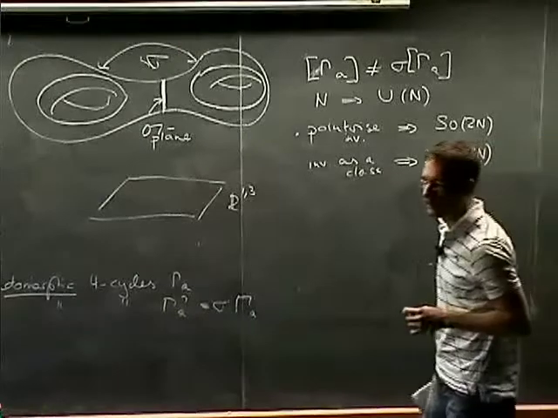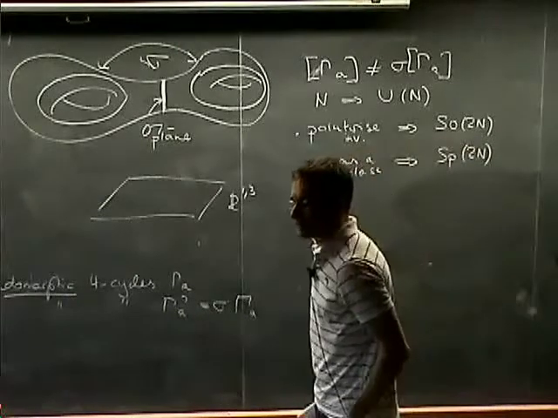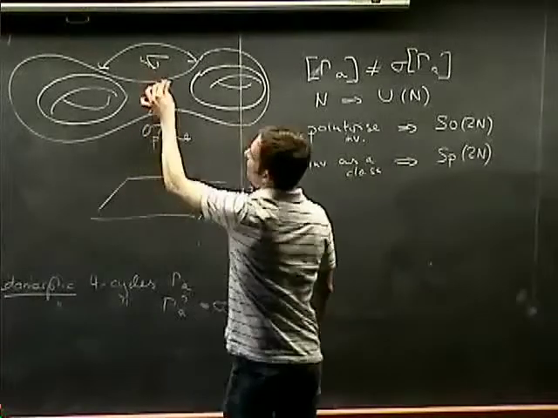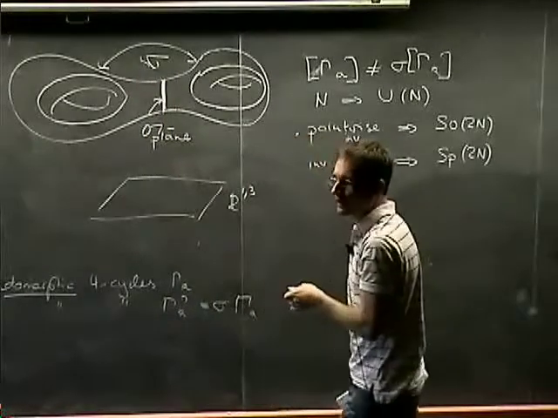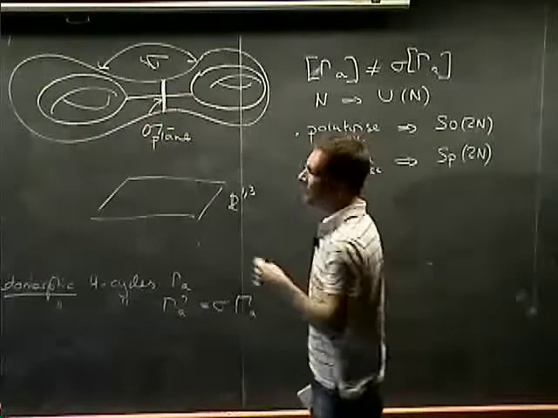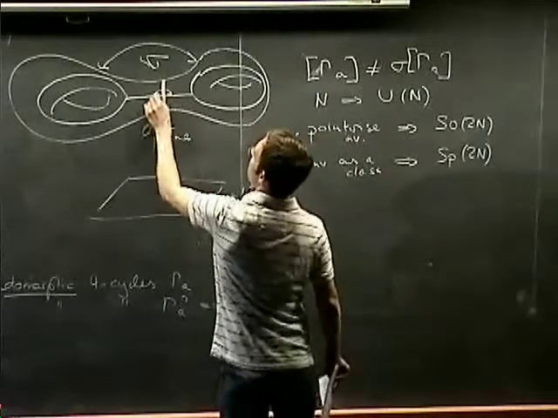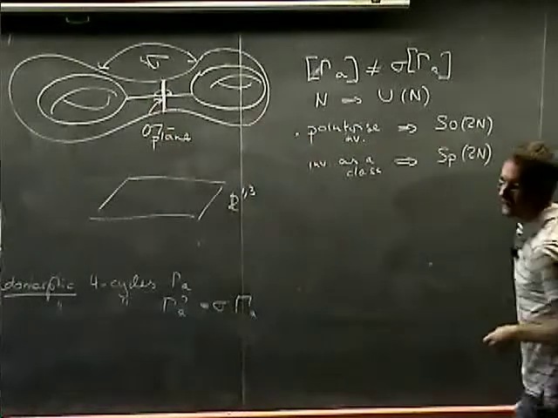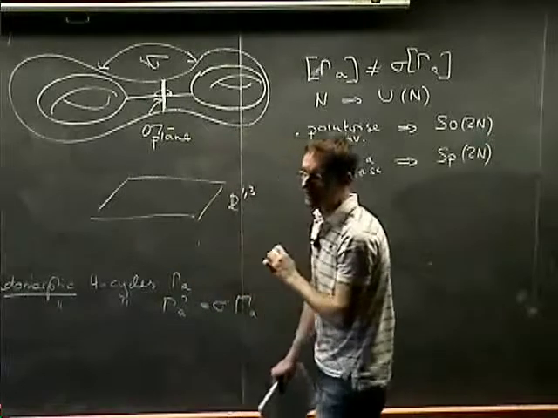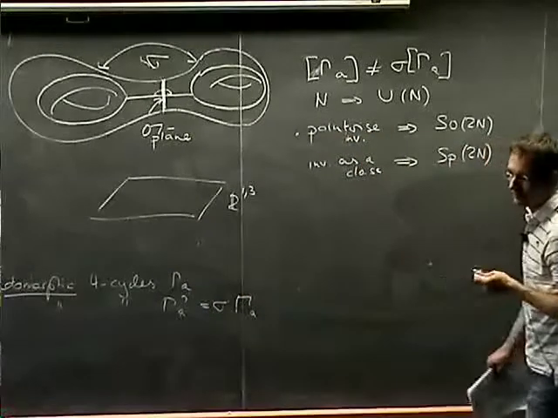So pointwise invariant means that literally each point on the brane gets mapped back to itself. Exactly. So if the brane wraps the cycle on top of the O-plane. Whereas the other one would be something like this, where the cycle is mapped to itself, but not pointwise. So in other words, the cycle stays in the same homology. That's correct. But as I said, even then, it's not totally clear a priori if it's really an SP gauge group.